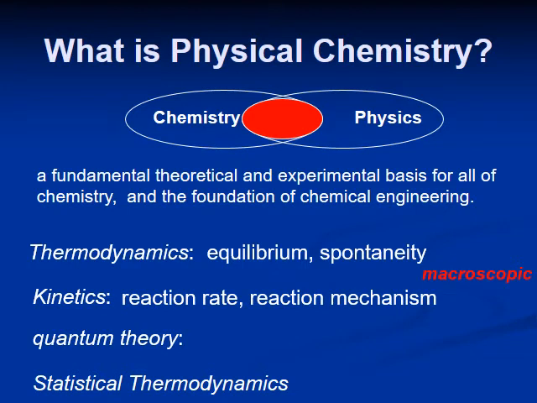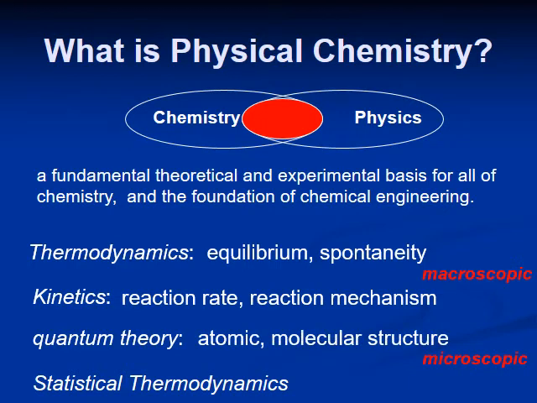On both topics, we study matter at the macroscopic level. Quantum mechanics, however, is at the microscopic level, and we study atoms and molecules. Statistical thermodynamics is a bridge between quantum mechanics and thermodynamics and kinetics.